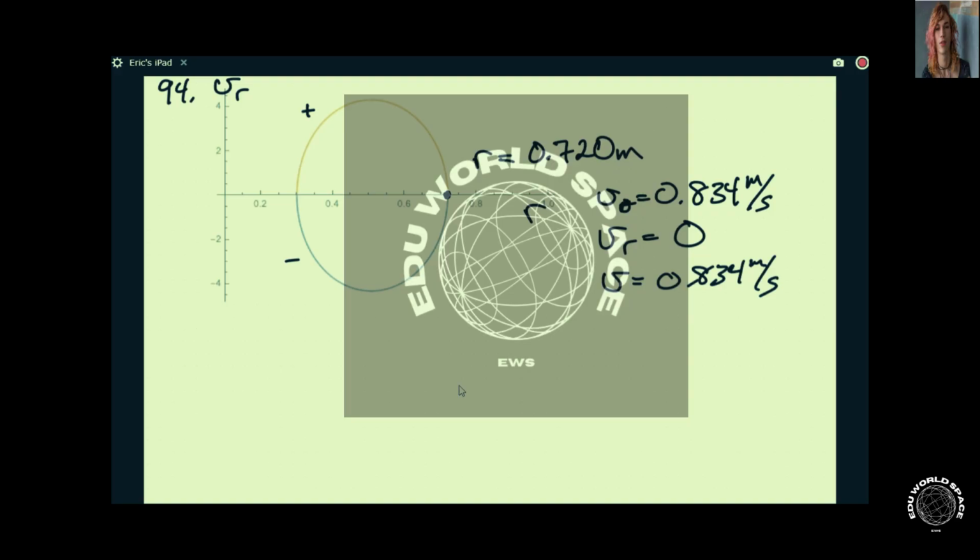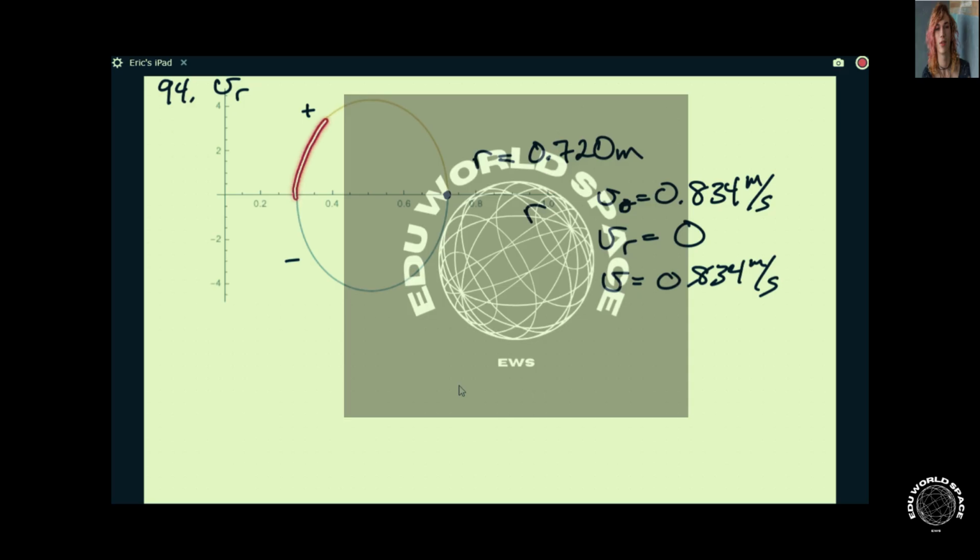So we get two values here. This is VR as a function of R, and it's 0 at 0.3 meters, as we'd expect, because we set it to be that.